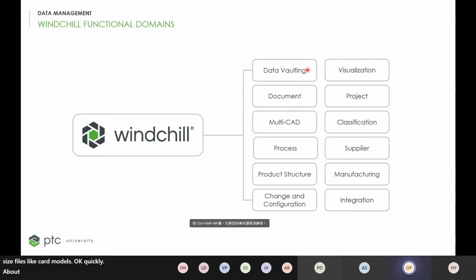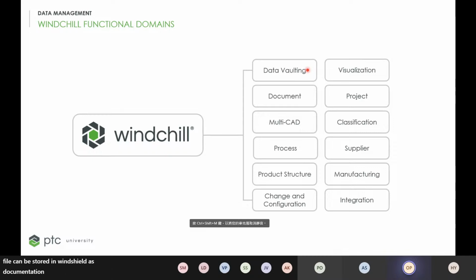About documentation, you have no limitation on the documents that you can store as content in Windchill. Here we involve all Microsoft Office files, PowerPoint, Excel, Word documents, but also PDFs, XML. Any electronic file can be stored in Windchill as documentation.